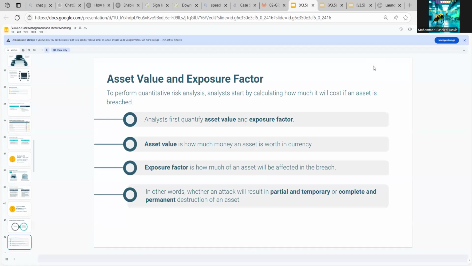Asset value is how much the asset is worth in currency. In the case of a web application or core application server, the asset value would probably be the amount of revenue or profit generated by the server, not the price of the server itself. You understand?